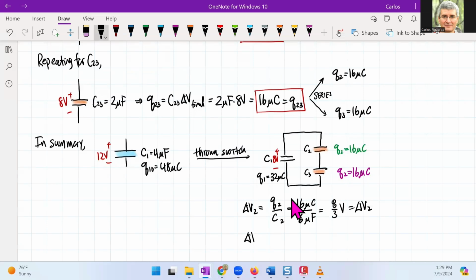For delta V3, that's charge 3 over C3, which is 16 microcoulombs over 3 microfarads, which gives me 16/3 volts.